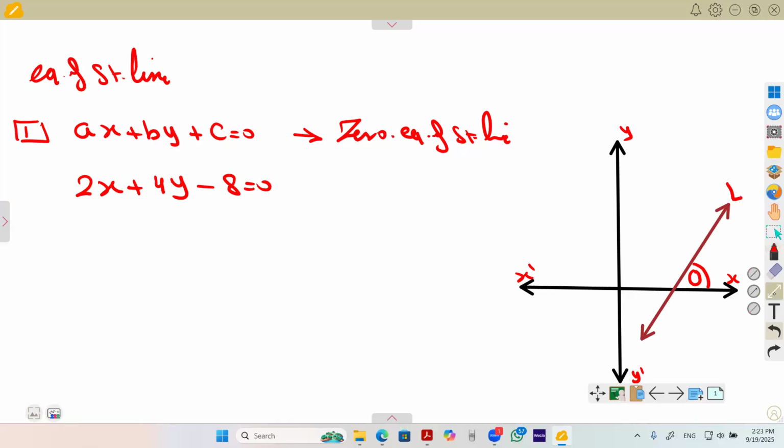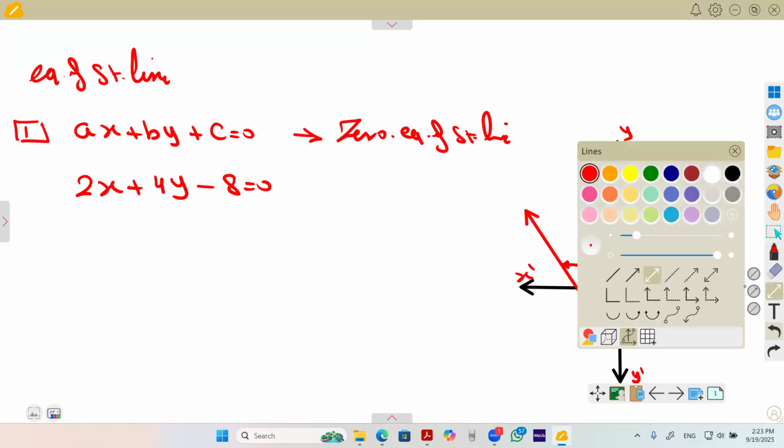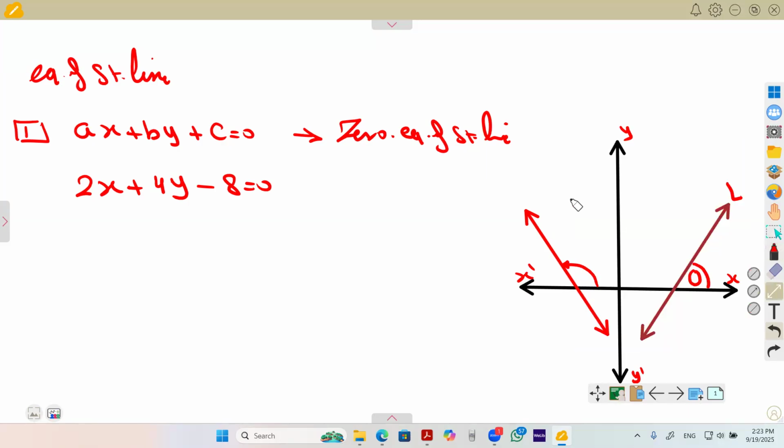And we have another slope if it makes an obtuse angle with the positive direction of the x-axis, or the straight line is parallel to the x-axis, or it is perpendicular to the x-axis. And the gradient for these four cases has four different results.